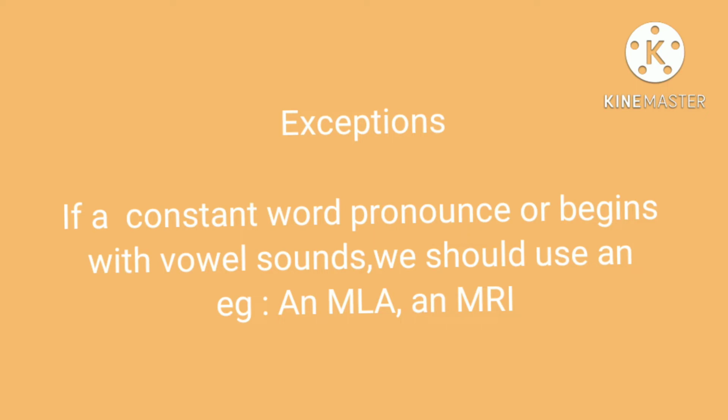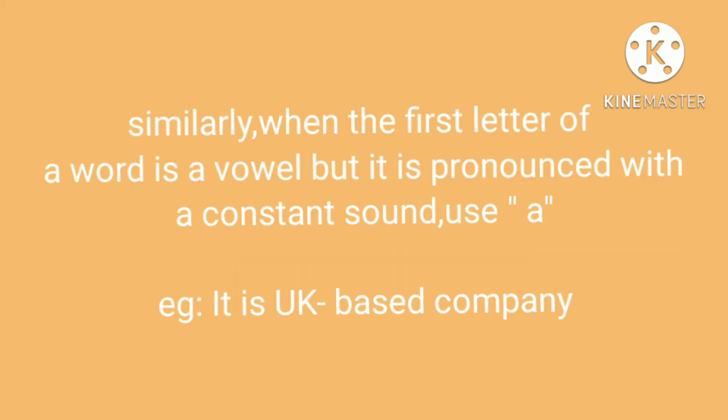If a consonant word is pronounced with a vowel sound, we should use "an". For example, an MLA. Even though the letter is M, a consonant, the sound is like "em", so an MLA, and an MRI. So we should use "an" for words that sound like vowels.